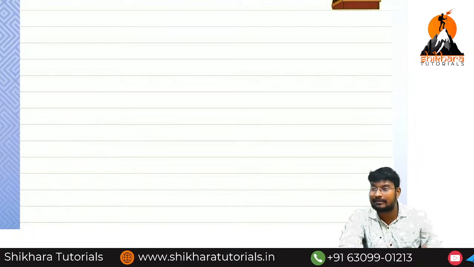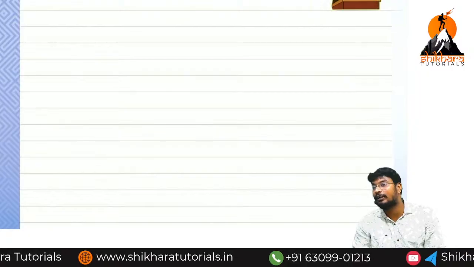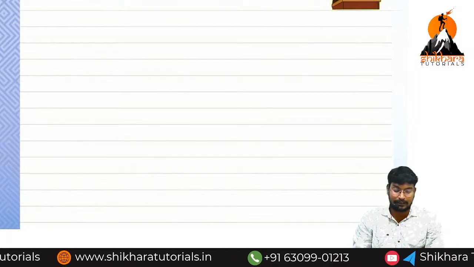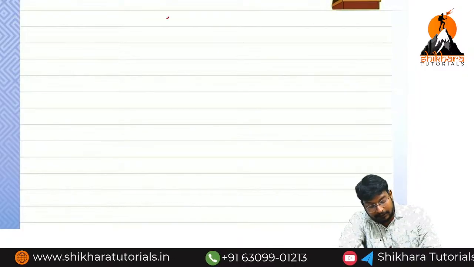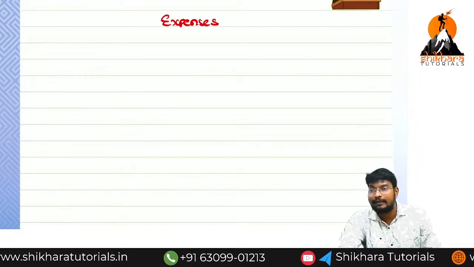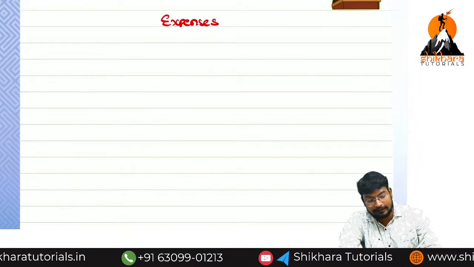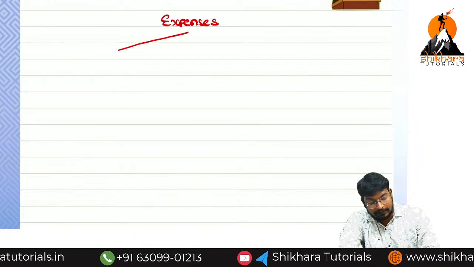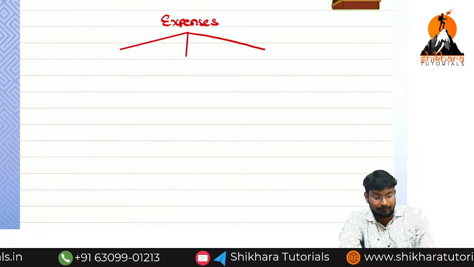First, we are going to have a detailed discussion about the expenses and then a detailed discussion about the incomes. First, put the heading called expenses. In these expenses, I am going to divide it into three parts. Can anyone say how many types of expenses there are? Three types.